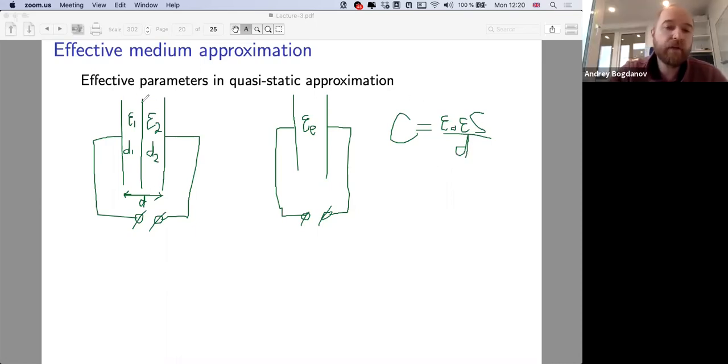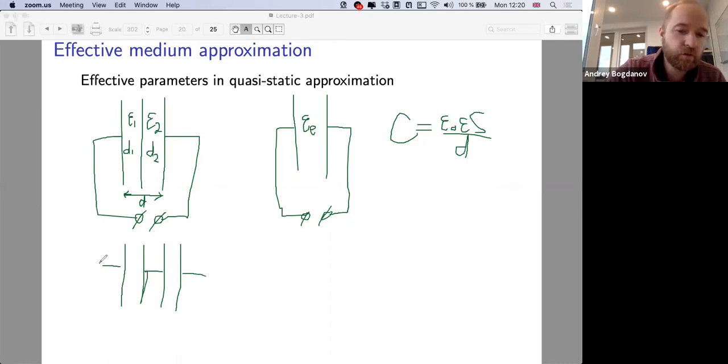And here I have two capacitors, because this scheme is equivalent to the following: two capacitors with epsilon 1 and epsilon 2.